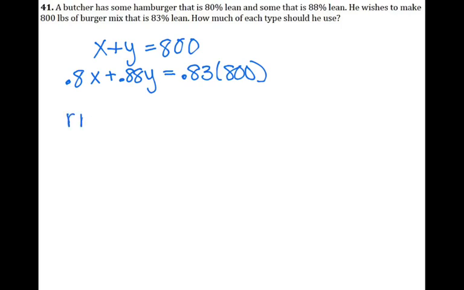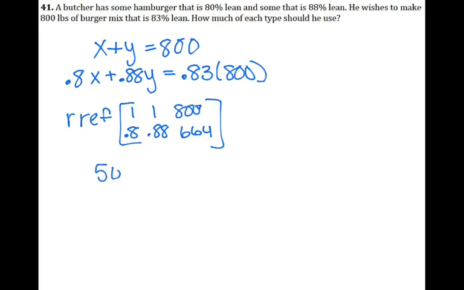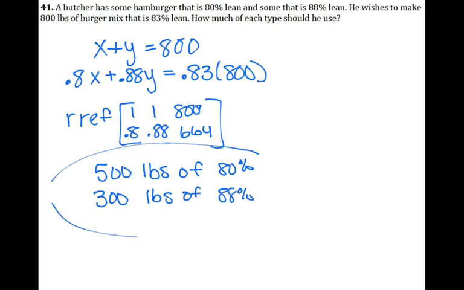All right, in the calculator, RREF, 800, 0.8, 0.88, and 0.83 times 800 is 664. So I take that and plug it into my calculator, and it ends up being 500 pounds of 80% and 300 pounds of the 88% lean.